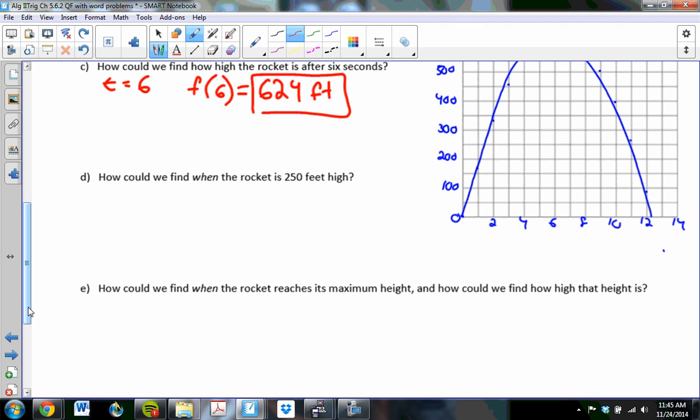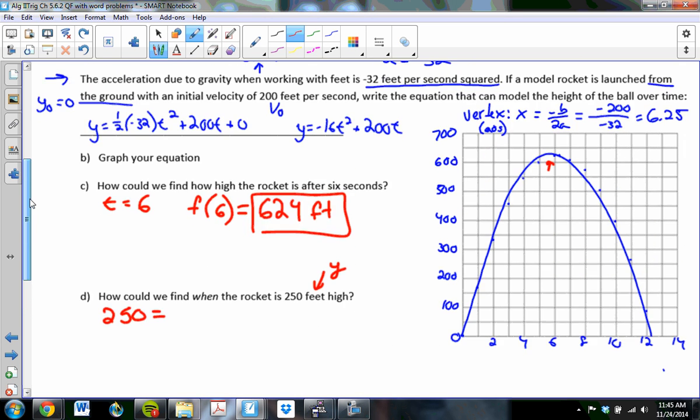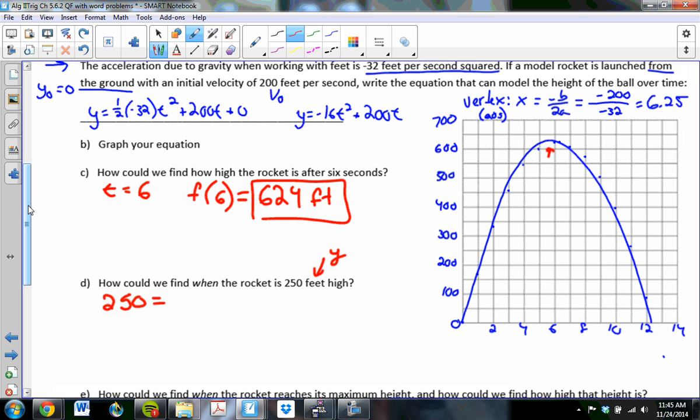That's how high it was after 6 seconds. I'm going to find when the rocket is 250 feet high. Well, 250 feet high is the y value, or the f of x value. So I set up this equation, 250 equals negative 16t squared plus 200t. I'm going to solve this for t.